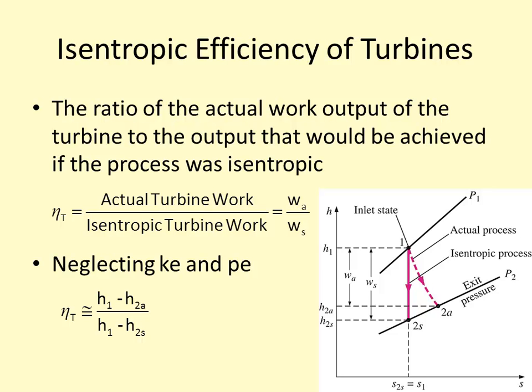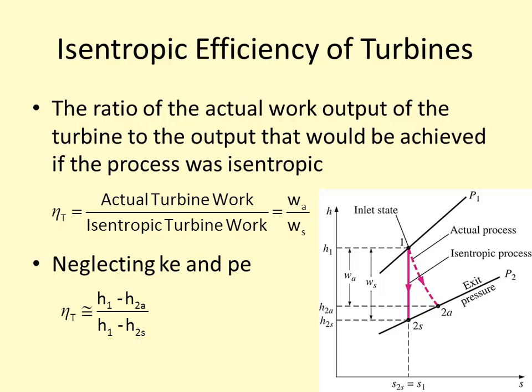In one case, we're finding the second enthalpy based on the actual outlet conditions. In the second case, we're finding the enthalpy, what it would be if the entropy were constant. So given the outlet pressure, if we assume that the entropy was constant, what would be the outlet enthalpy?